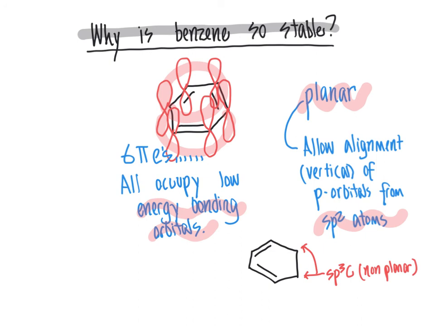Likewise, if we had a molecule that was acyclic, meaning a linear system of conjugated double bonds, that too would not be able to exhibit this extreme stability, or aromaticity as we call it, because we could not have this perfect circular alignment of all of these p orbitals into a network.